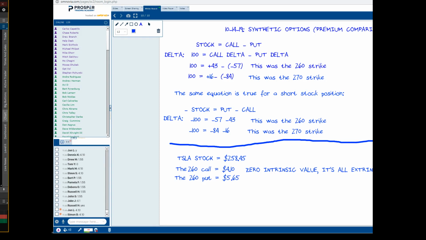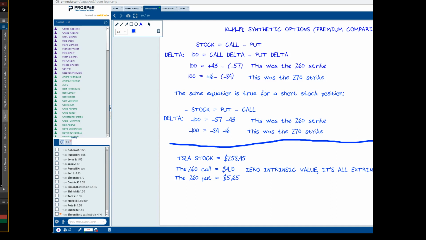It's in the money, it's not out of the money like the call option is. So there would be some intrinsic value. Okay, Simon, Sharish, Mark, Pete, Shane, you guys have it right.